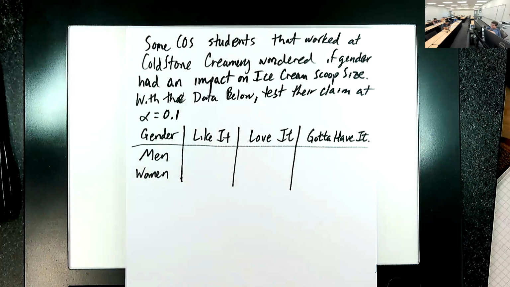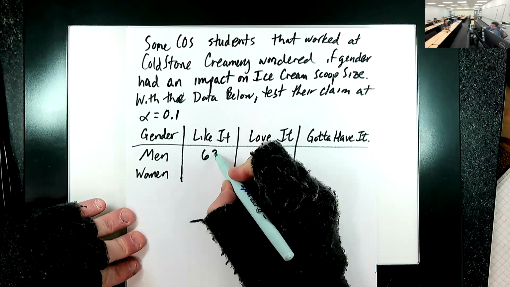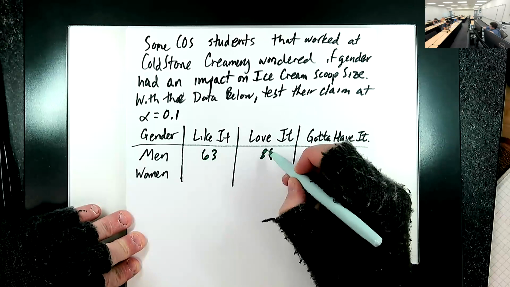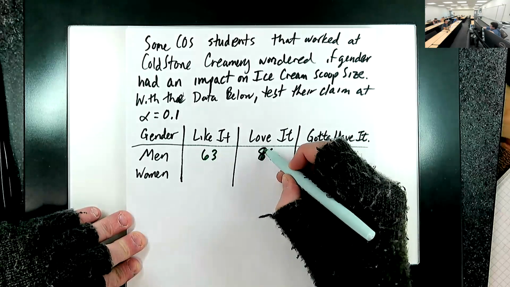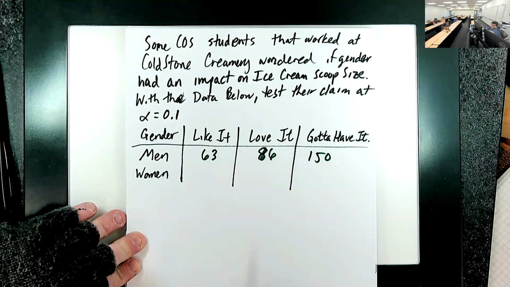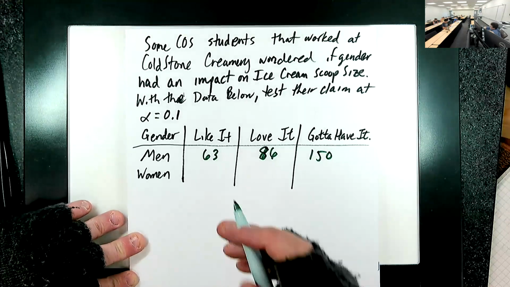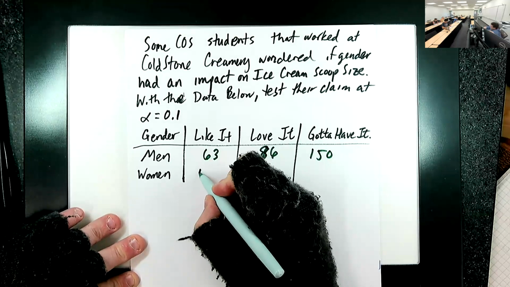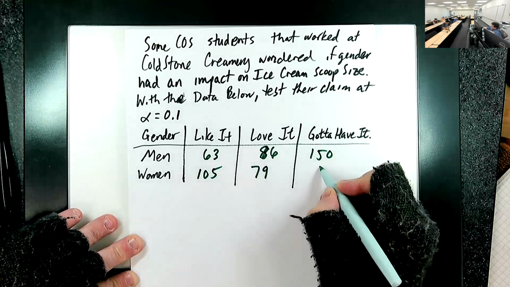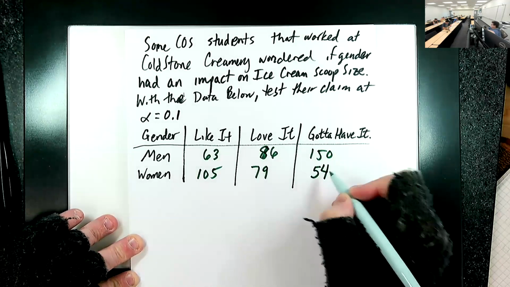Here's what they found. 63 men said like it, 86 said love it, and 150 said gotta have it. Of the women, 105 said like it, 79 said love it, 54 said gotta have it.